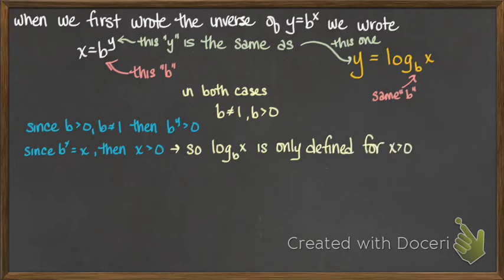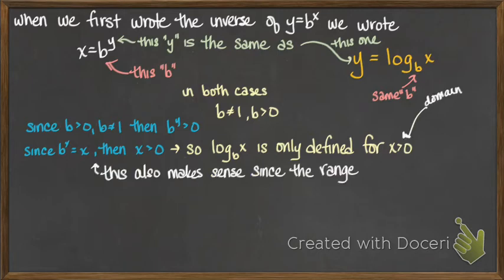Now, that means that if x is always positive, the inverse is only going to be defined for positive values. We won't have any definition to explain away a negative value for x. That makes that the domain of our logs as a function.